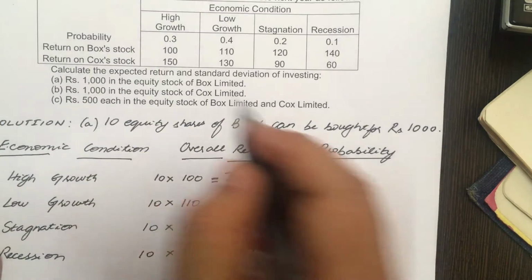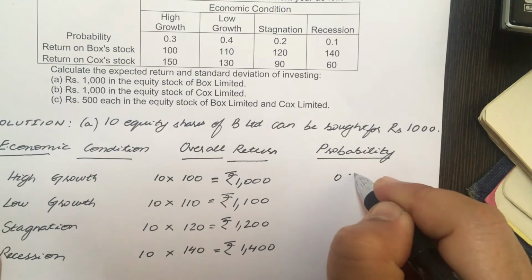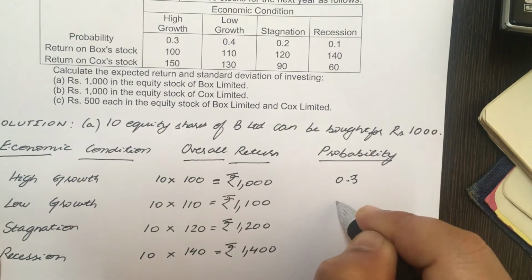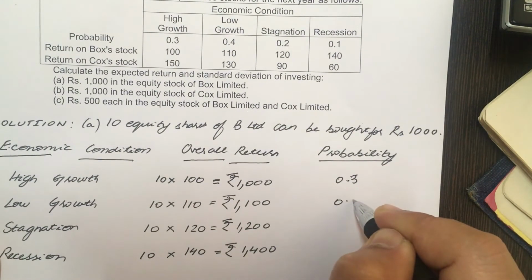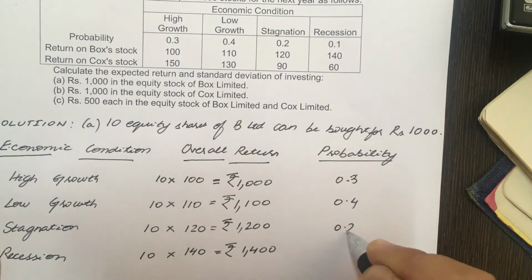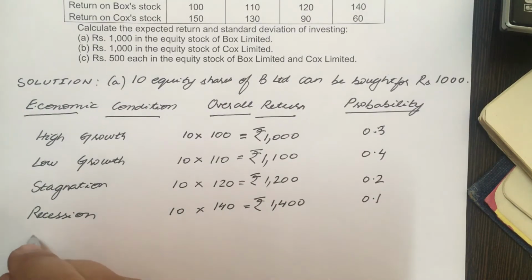And you have the probabilities: 0.3, 0.4, 0.2, 0.1. Now let's find out the expected return.